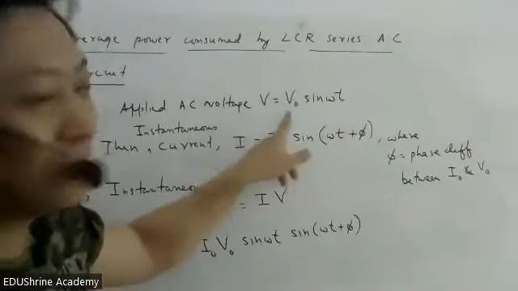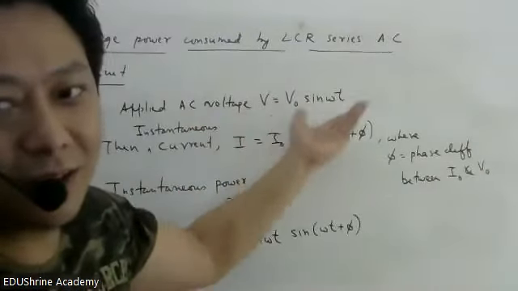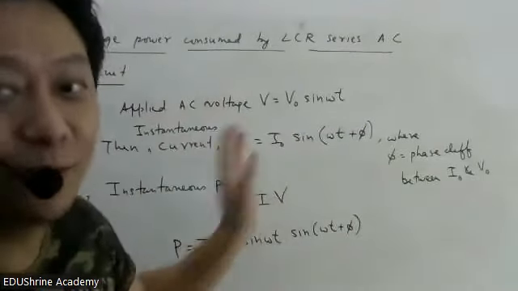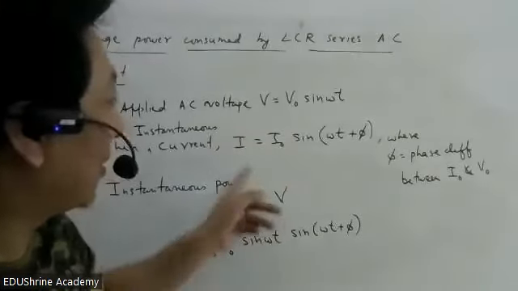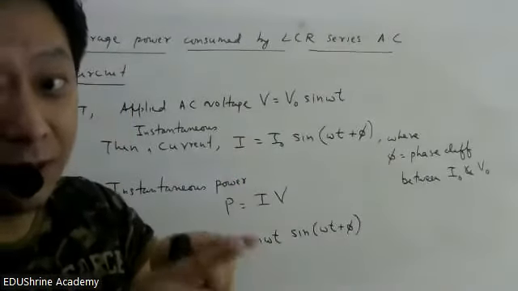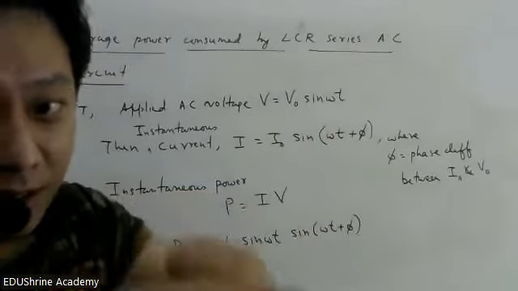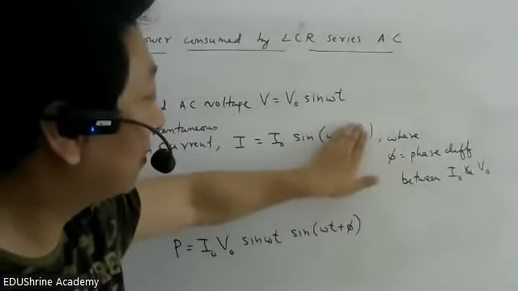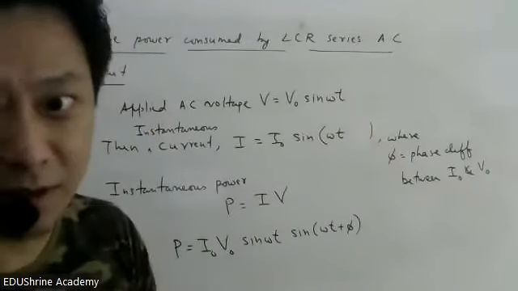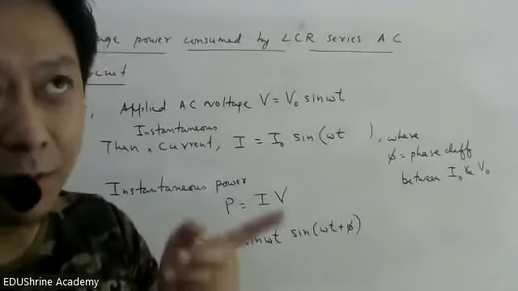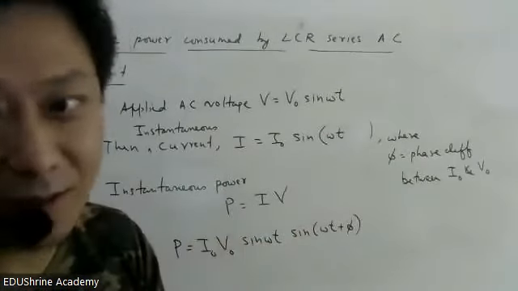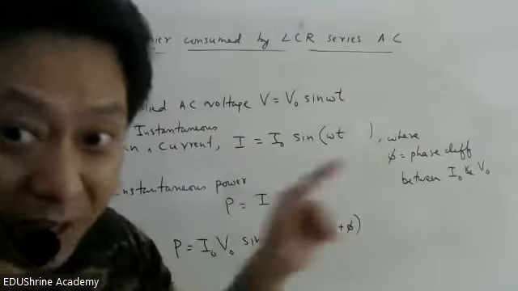Because alternating voltage we know is A sin omega t, but A we don't write, A we write for displacement. This is voltage, so we write V naught. And just now we saw that in a resistor, current and voltage are in the same phase, so it was omega t, no phi was there. For a capacitor, current leads, so plus 90 was there. In an inductor, minus 90 was there.